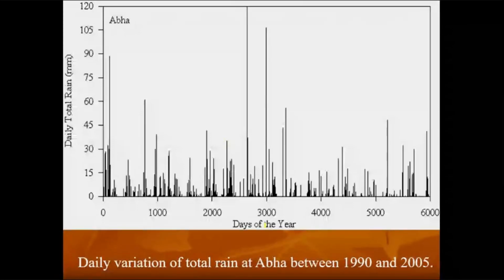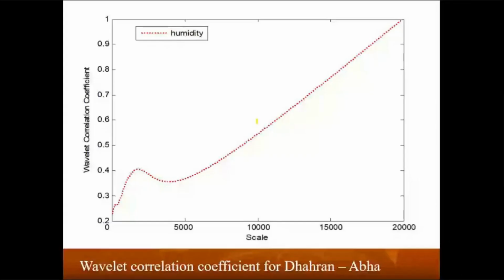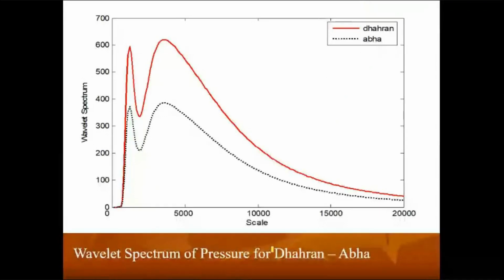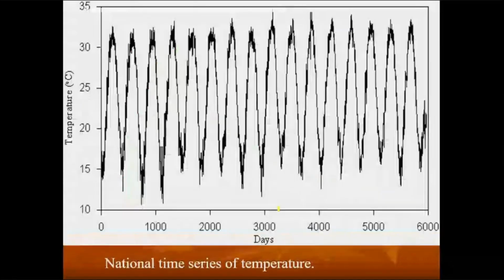Now, as I told, wavelet coefficient. For the time series data, we can see how the humidity varies for Dhahran. If we compare the wavelet spectrum for the pressure of Dhahran, right? For the wavelet spectrum of the pressure, if we can go back, this one.